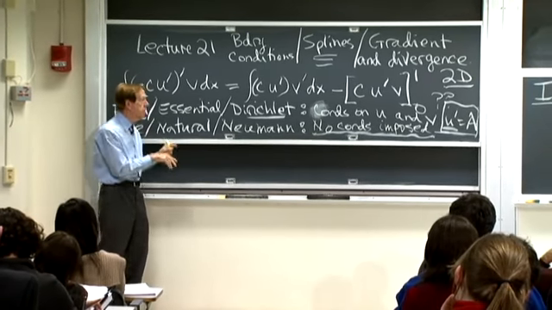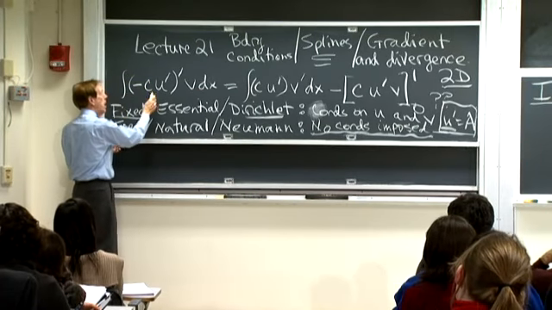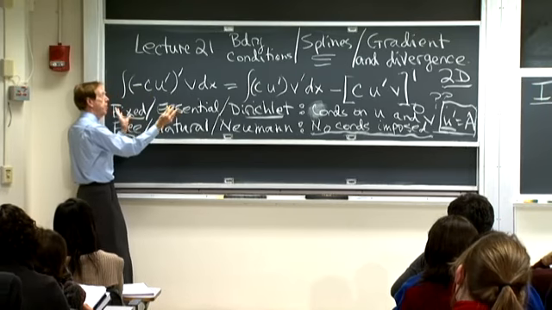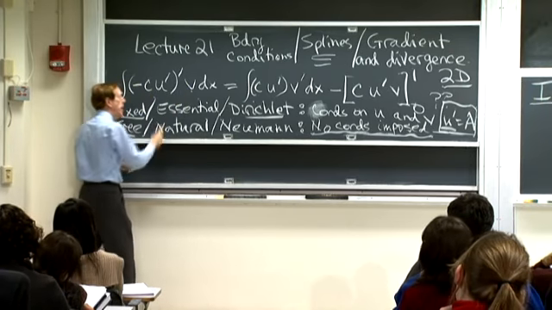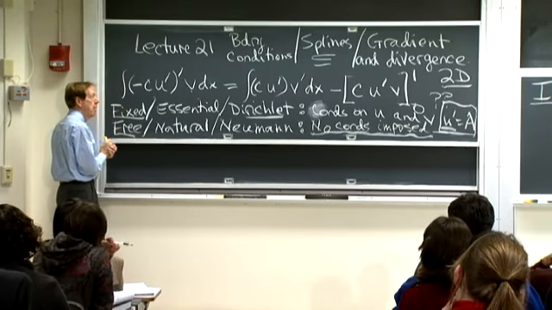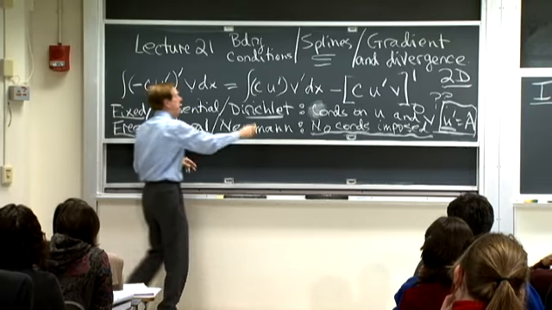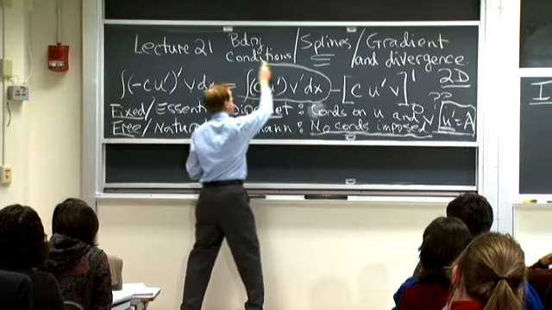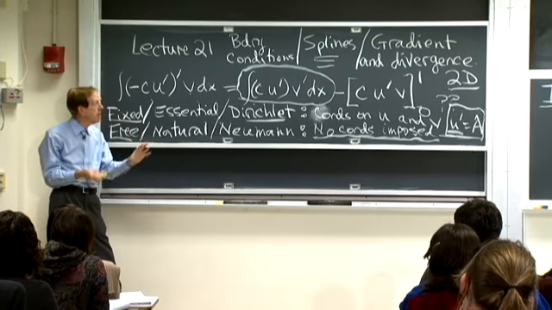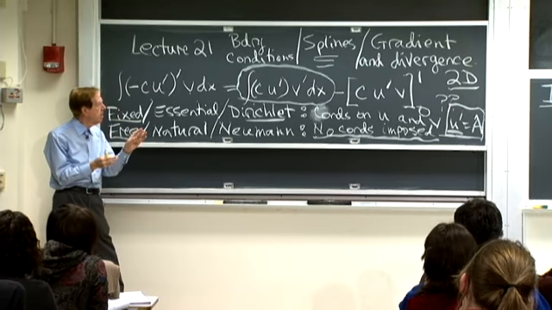So I guess the right way is to go back to where they came from. Do you remember how the weak form came? I took the differential equation, I multiplied by any test function, and I integrated by parts. That's where the weak form started. So the integration by parts gave me this nice symmetric integral.